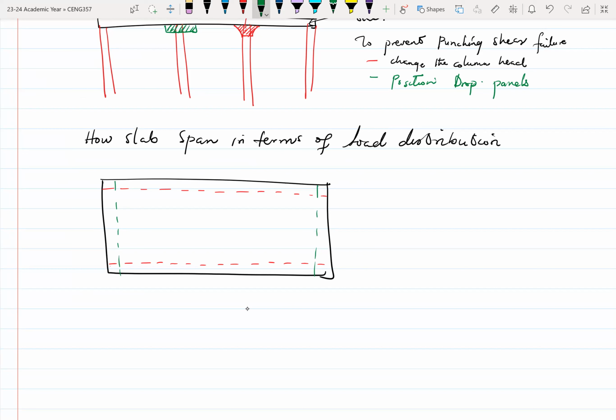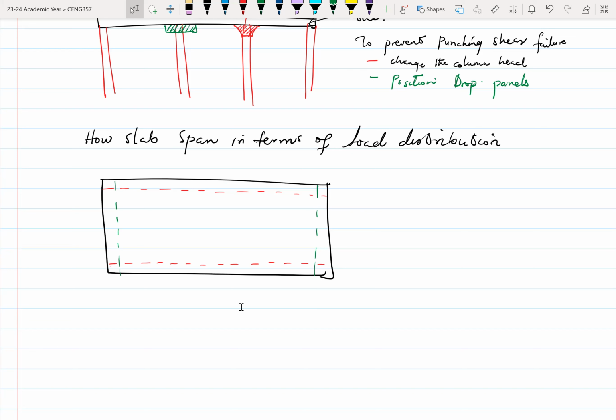And normally when you are doing design, or even from observation, you realize that for a typical classroom, the slab is what receives the load, right?